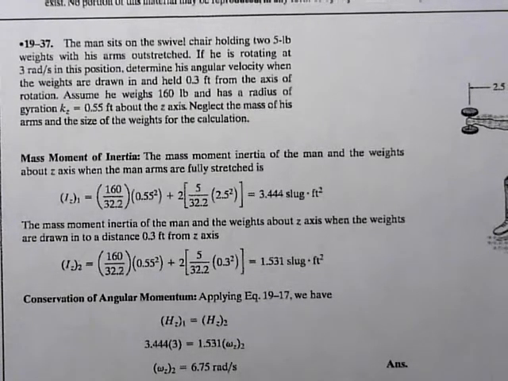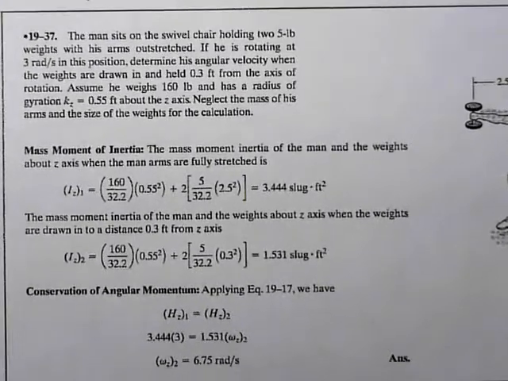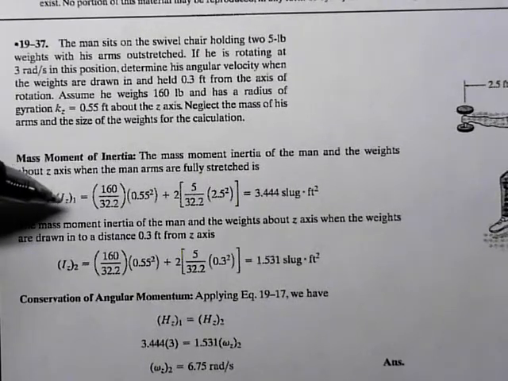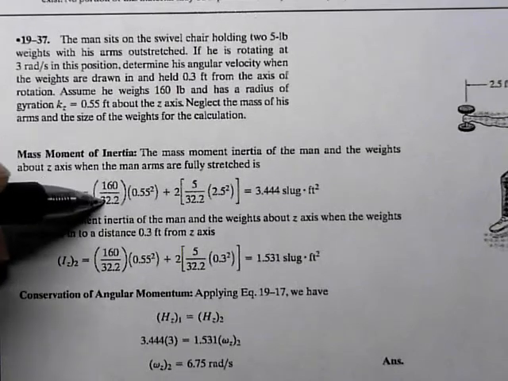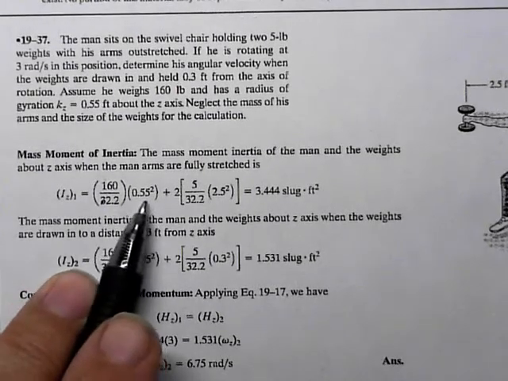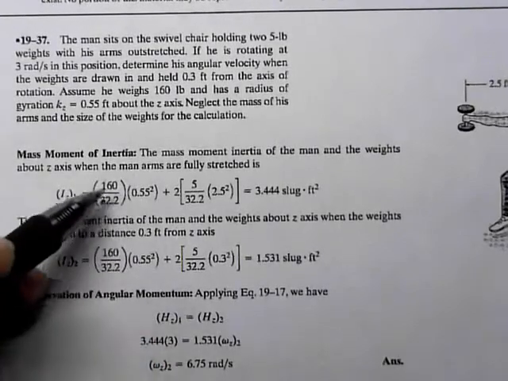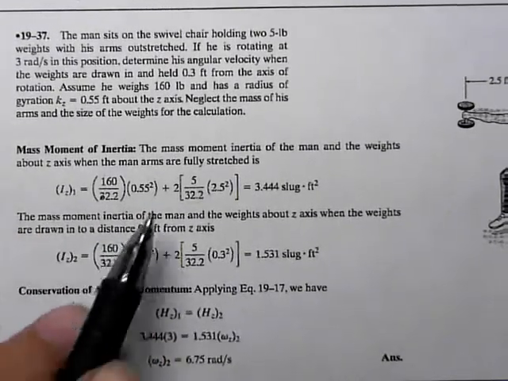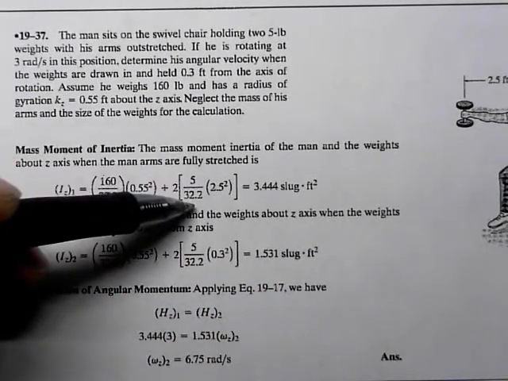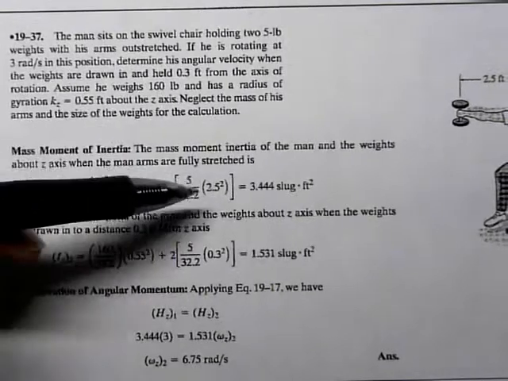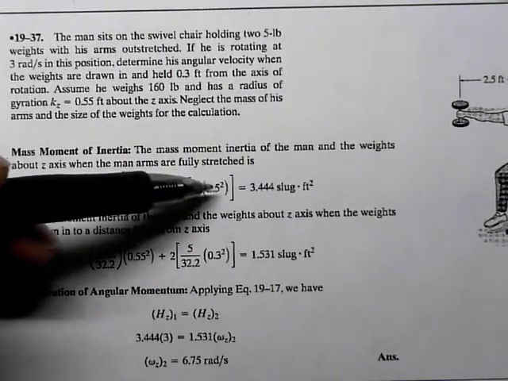Okay, and so what we can do, we're going to want to calculate his moment of inertia, and then we're going to do a conservation of angular momentum. And his moment of inertia when he has the weights out far will be his mass, weight over gravity, times radius of gyration squared. So this would be I of the man. Now we do I of the weights, and it will be 2 times the mass of the weight times the distance of the weights from the axis.